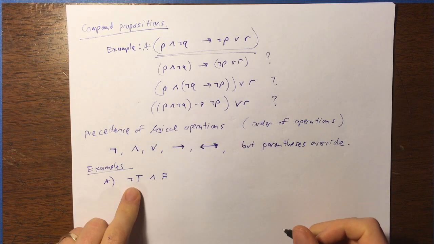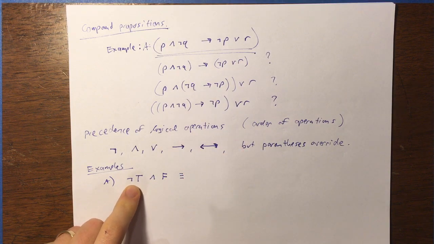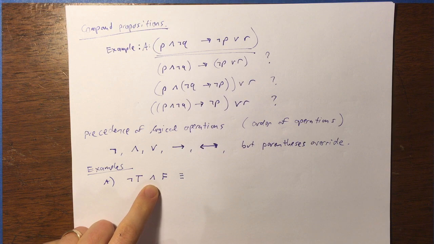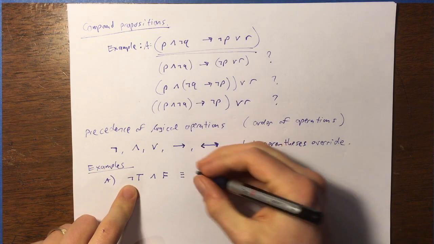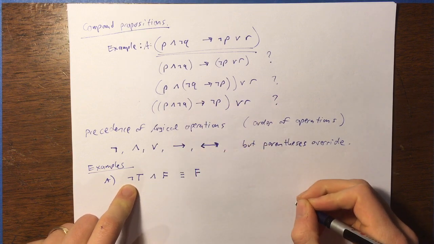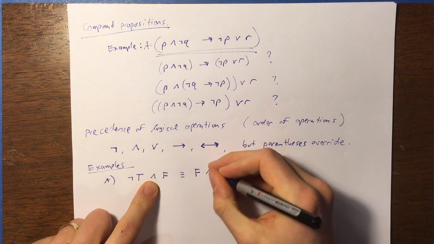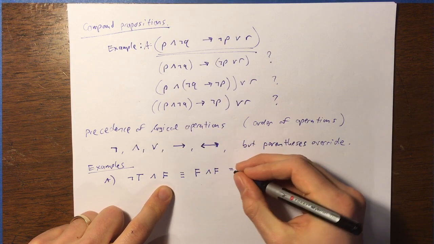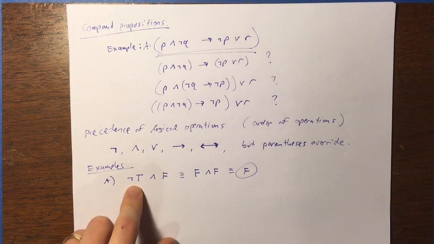We can evaluate this directly. We should apply the negation first, before the and. That's what the logical order of operations is telling me. So first I negate this true and get false. Now we have false and false, and false and false is false. So that's the overall value of that expression.